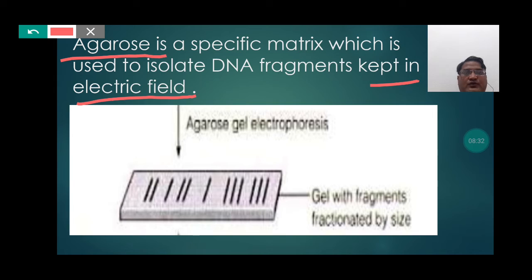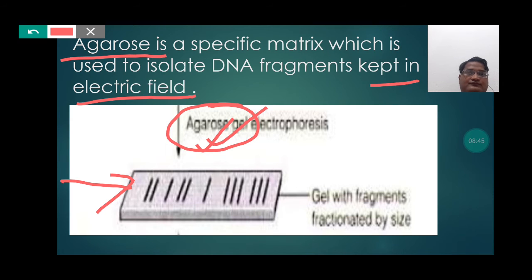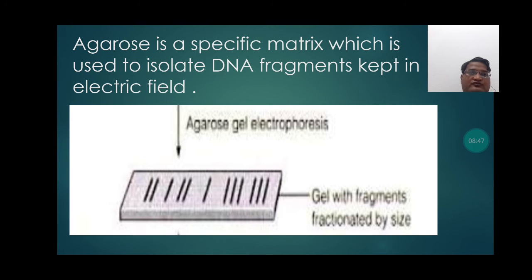So students, here you can notice that the gel electrophoresis is being done on the agarose gel solution. So students, this agarose gel solution helps the easy movement of the small fragments of the DNA towards the positive plate.